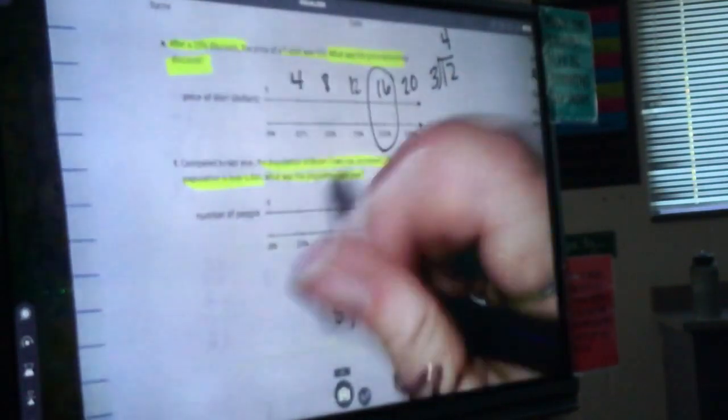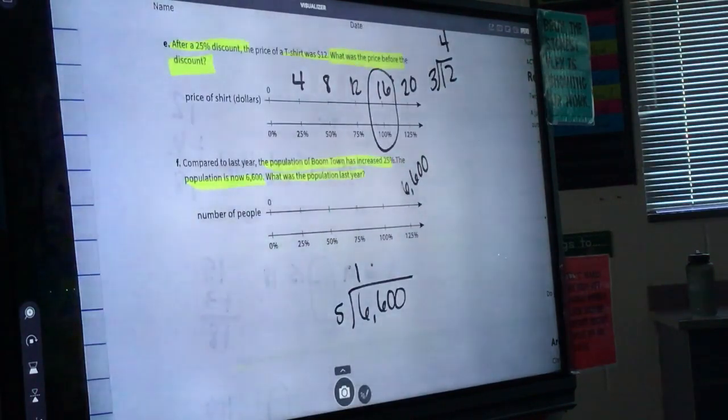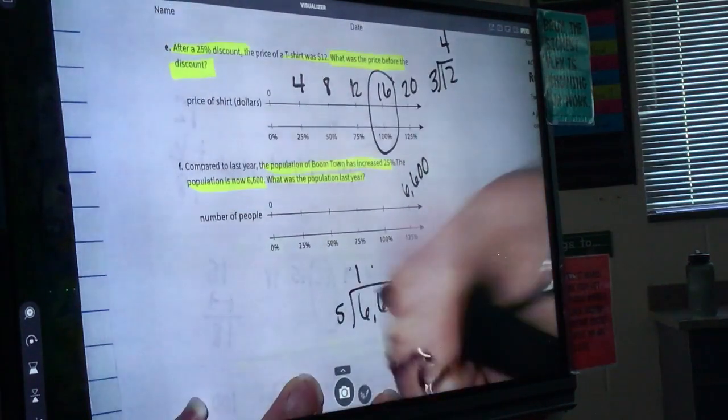All right, so we're going to just go ahead and divide this by 5, because if we divide by 5, what is that going to give me the value of? Kaden. You get 1,320. And that's representing which percentage? 25%. Right, and you said 1,320? Yes.